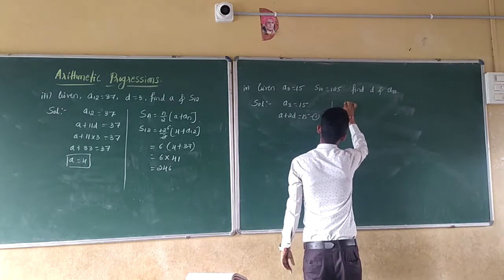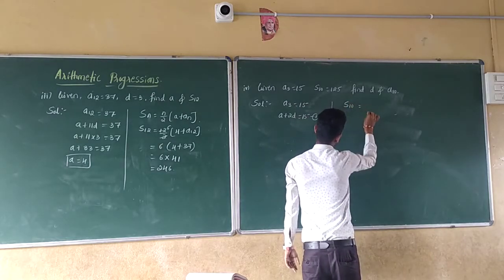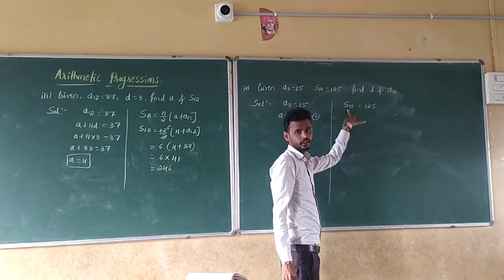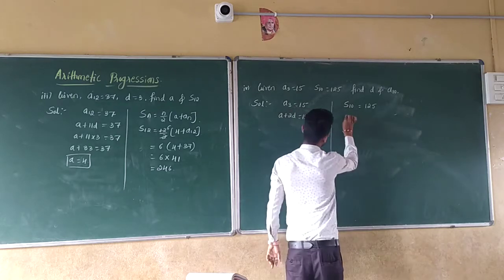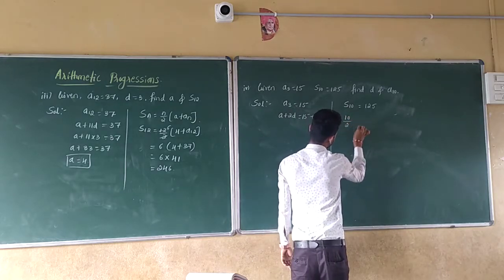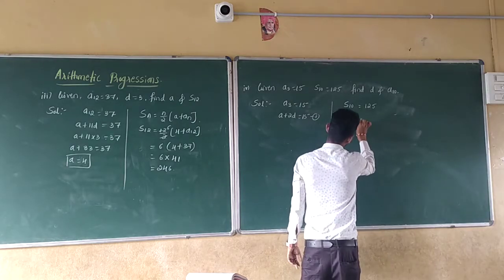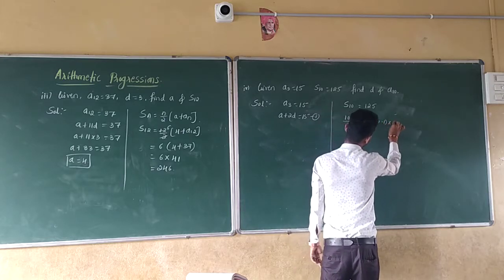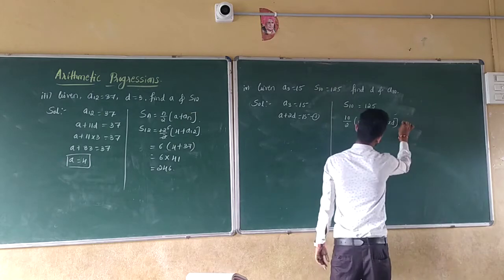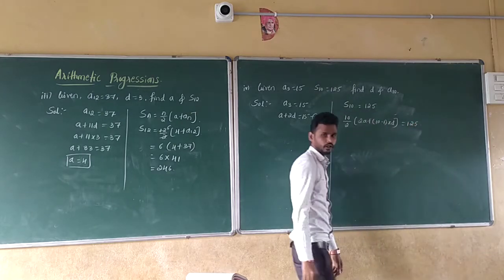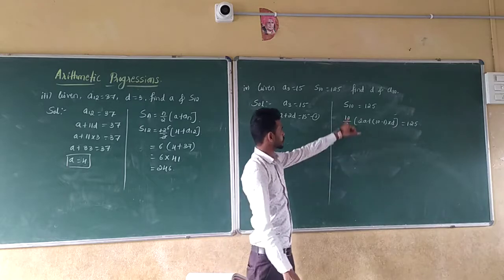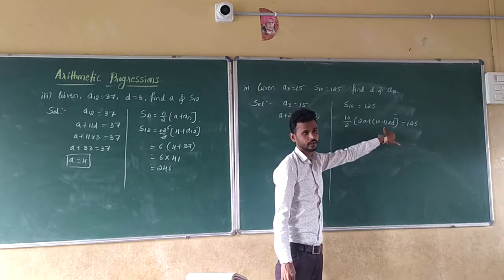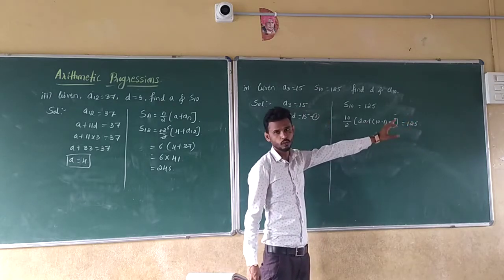What can you write? S10 is equal to 125. Now S10, what can you write? Wherever n is there, put 10. The formula is n by 2 into 2a plus n minus 1 into d, which means 10 by 2 into 2a plus 10 minus 1 into d, which is equal to 125.